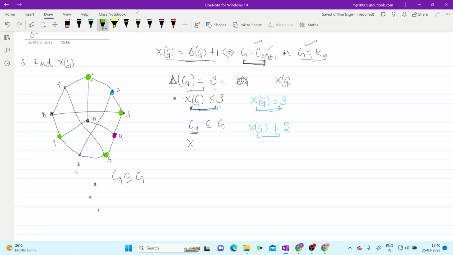So first I am coloring this with green, then blue, and I can give blue to this one.